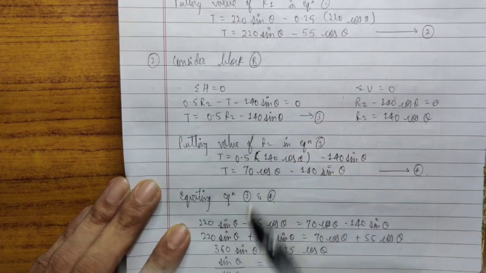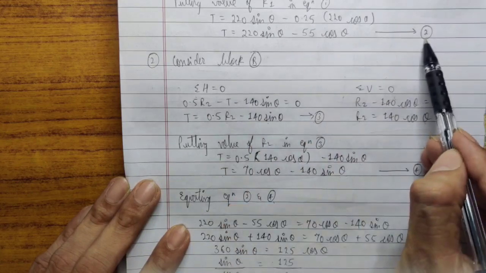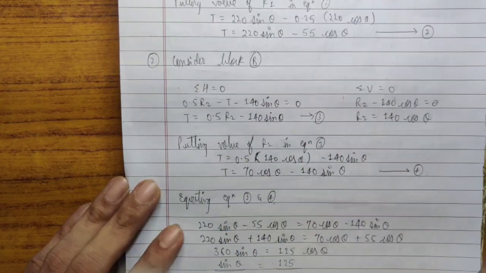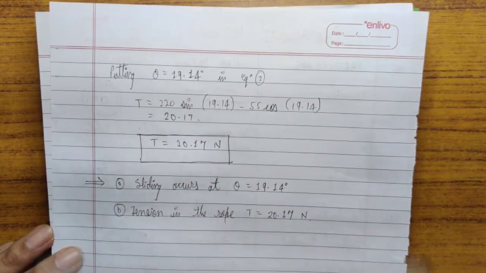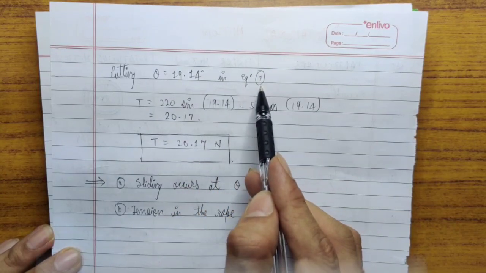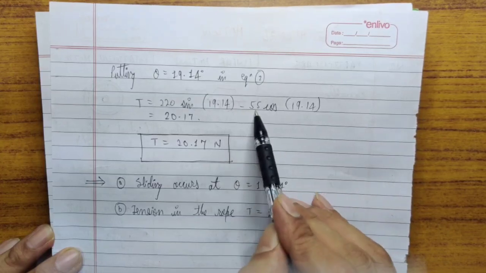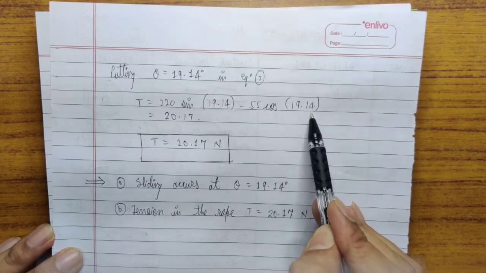For the sake of this video, we are substituting the value of theta in equation 2. So the next step is putting theta equal to 19.14 in equation 2. It will become T is equal to 220 sin 19.14 minus 55 cos 19.14.